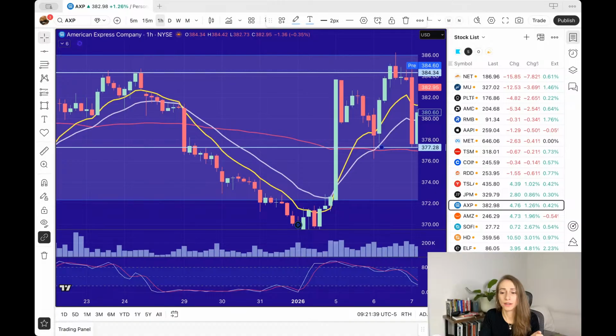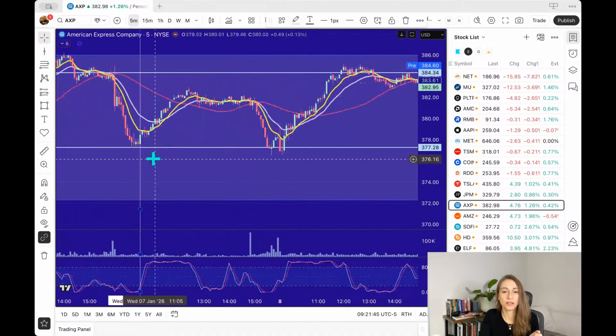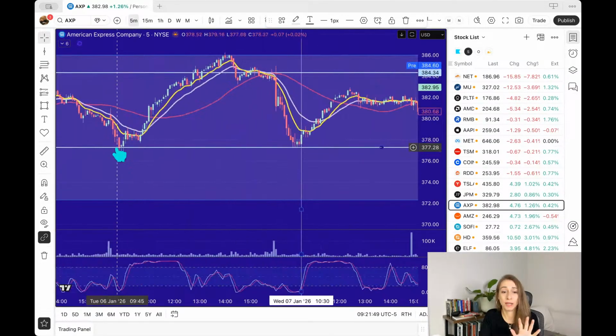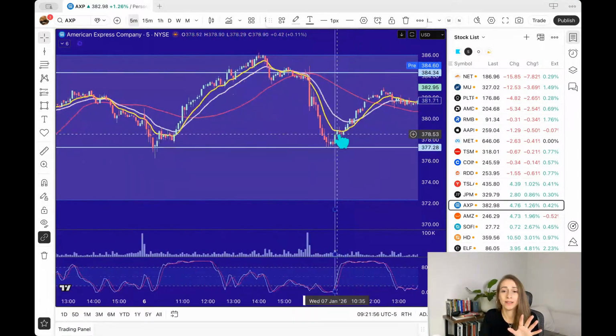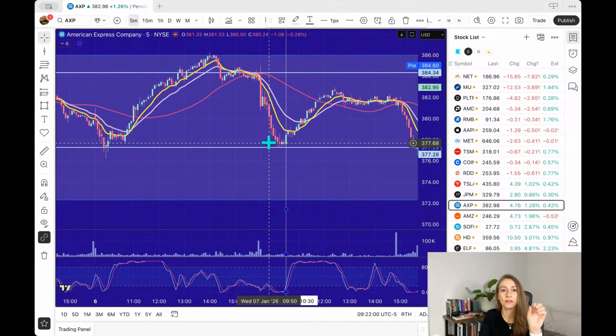Let me put a line there. All right, here's my line. Once you start seeing it do this, and we already established where the level is, because we've come up, come down, come up, and now we're back down, then based on the hourly and the daily information, it's a go.